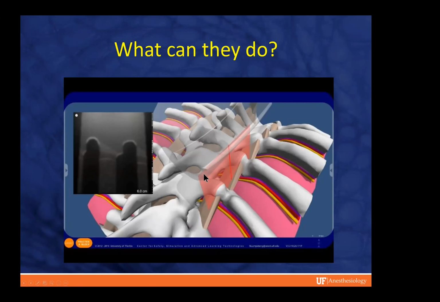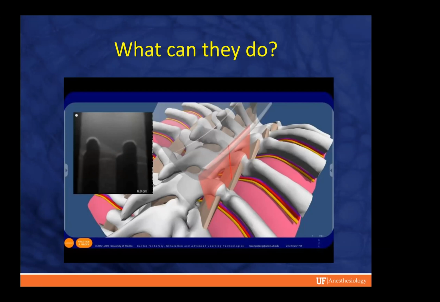But this is all based on MRI and CT imaging from a real human being. So the data that's in here is representative of what the real world looks like. So we can use this as a research and exploration tool to see how this anatomy is built. And just because we have classical teaching about one way to do a technique, is that the best way?